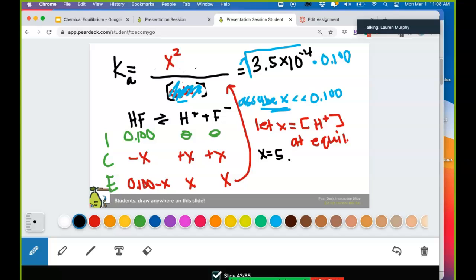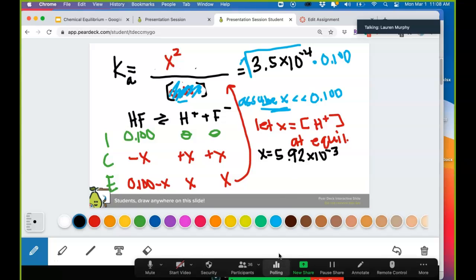It's like 5 point, oh, I forgot. So 5.92 times 10 to the negative 3 is the answer.